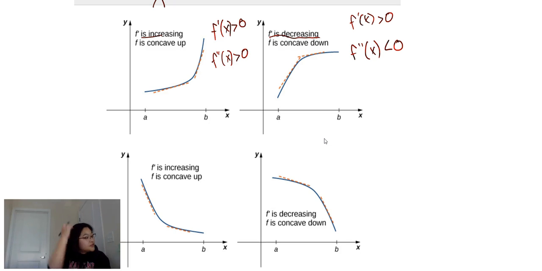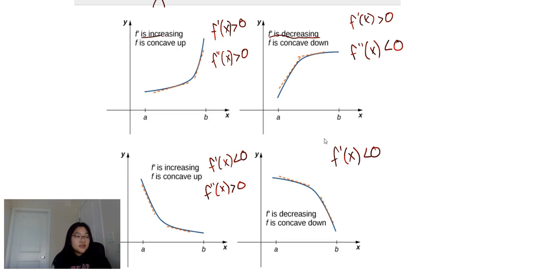Down in the bottom left, we have f prime is increasing, and so f is concave up. However, f prime is less than 0. So this is the shape when f double prime is positive, our second derivative is positive, and our first derivative is negative. And bottom right corner, we have f prime is decreasing, and f is concave down. So this means that f prime of x is less than 0, and f double prime of x is also less than 0.